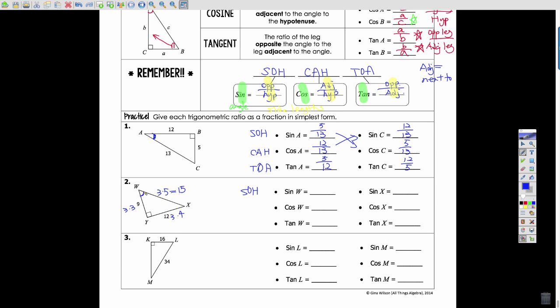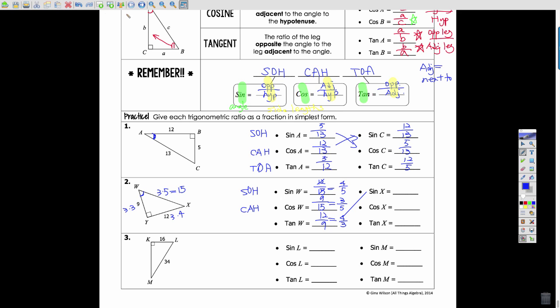Sine of W is opposite 12, hypotenuse is 15. Cosine is cah, so it's adjacent over hypotenuse. Again, I'm looking at cosine of W. Adjacent is 9 over hypotenuse. Tan is opposite over adjacent leg, so it's 12 over 9. Now notice these are not simplified, so you have to simplify them, divided by 3, so you should have 4 over 5. This one you should have 3 over 5, and this one you should have 4 over 3.